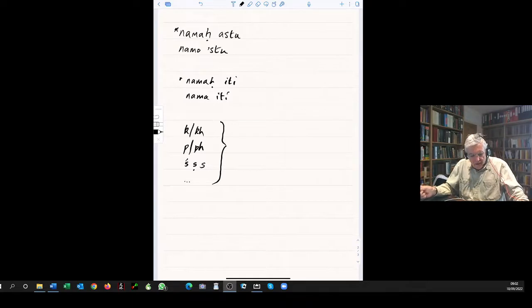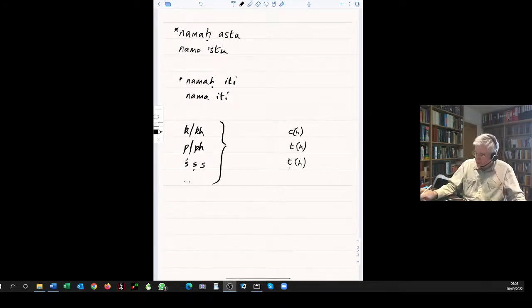The remains unchanged as the visarga. Look, however, at what happens if the next word begins in a ch, aspirated or unaspirated, or a t, aspirated or unaspirated, or a d, unaspirated or aspirated.